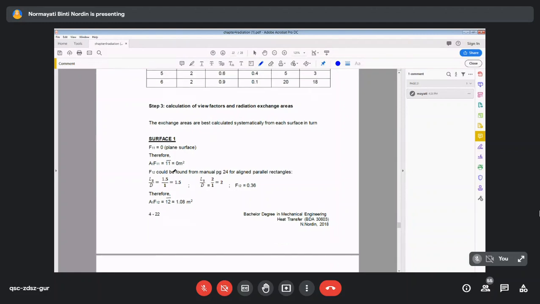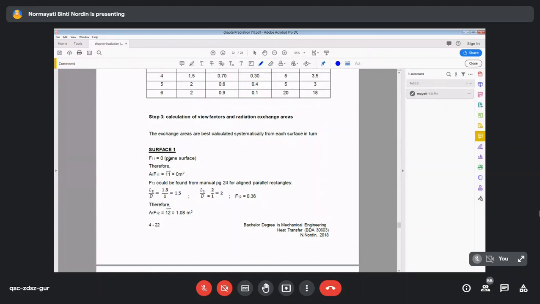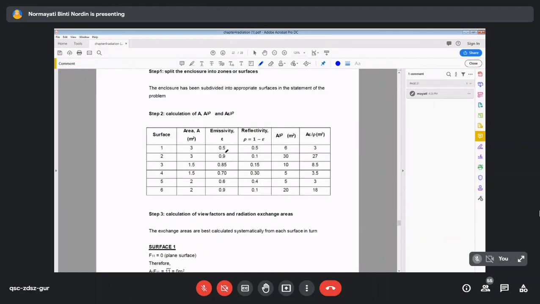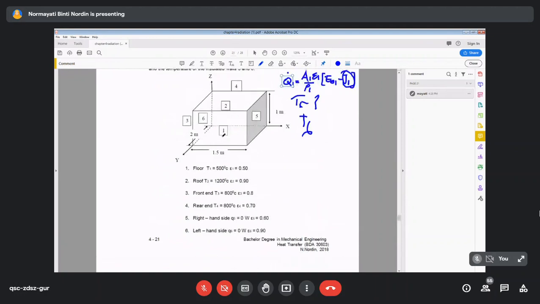As an example here, surface 1 has 6 sets of exchange area. But we know F11 is 0 due to the plane surface, so 1 to 1 will be 0. For 1 to 2, floor to the roof, you can find this from the chart, aligned parallel rectangles.